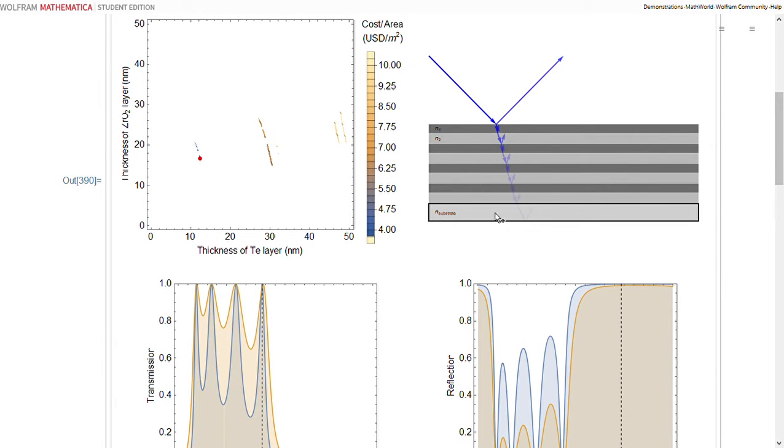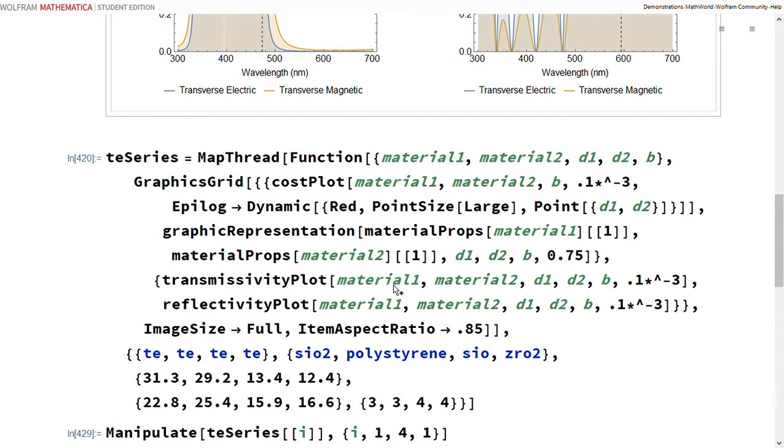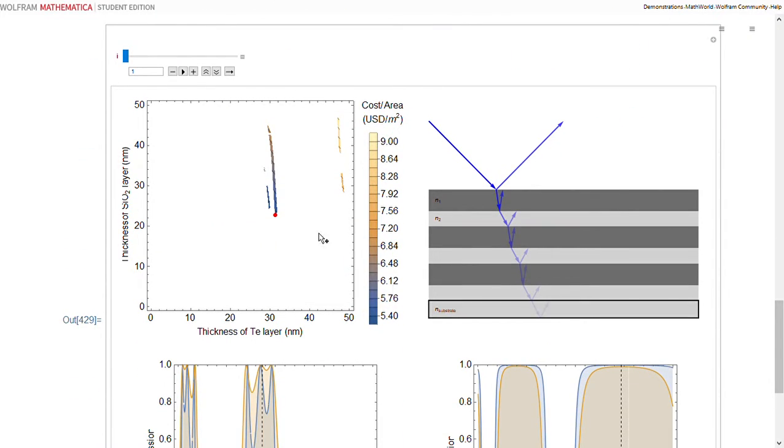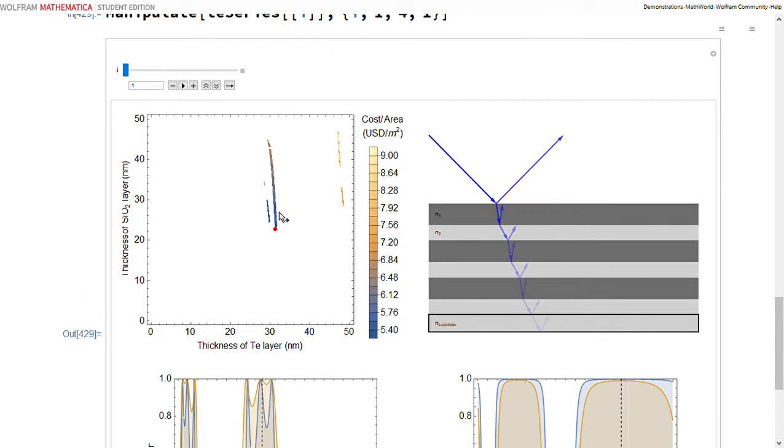This is the schematic representation of the system, and then the transmission and reflection graphs shown here as a function of wavelength. For time purposes, I've already run a number of these from the most effective thickness combinations for a couple of different material combos. So here is tellurium and silicon dioxide.